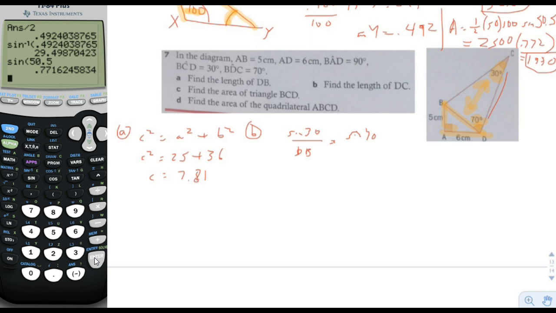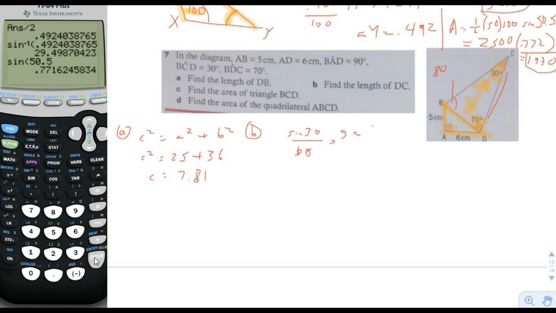Okay, so we're going to find the length of DC. Well, actually, instead of using sine of 70, it would be nice if we knew this angle, because that would be an opposite side angle pair. Now, we can figure that out, right? Because we know that one of the angles is 70, one of the angles is 30. That would be 80 then. They have to add up to 180.